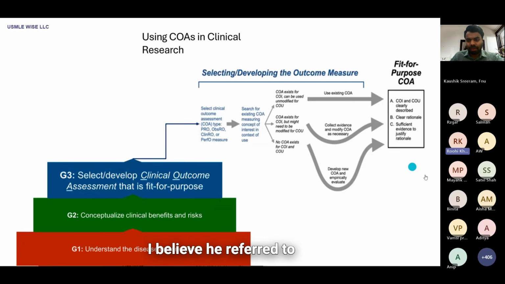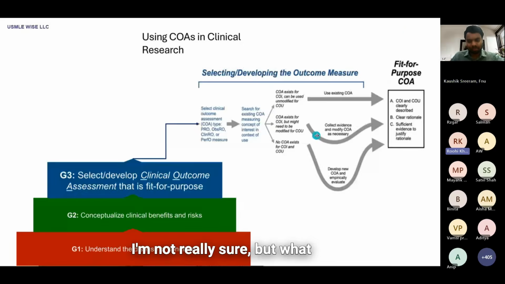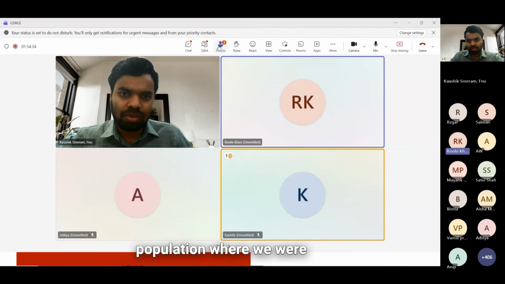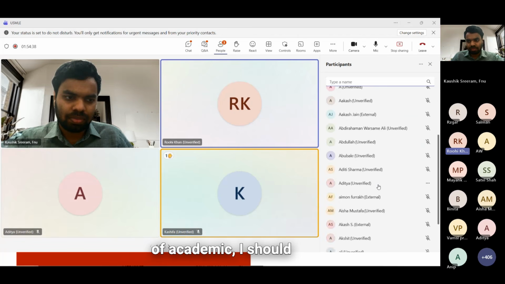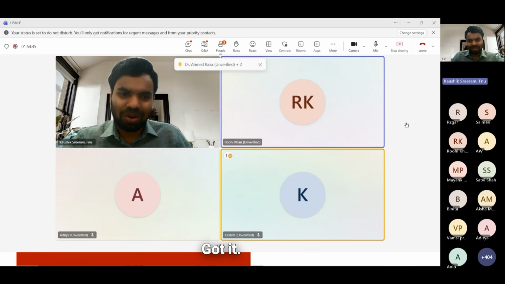I believe he referred to a series of guidelines that the WHO put out. I'm not really sure, but I do know he came up with the question wording himself so as to be more accessible to the population where we were conducting the survey. There was some sort of academic underlying basis for it. Okay, got it.